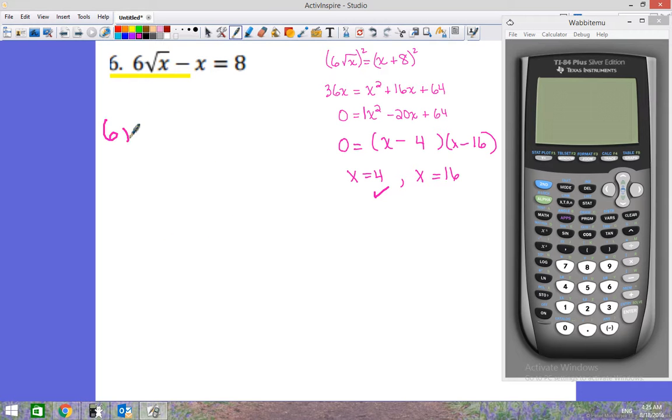We've got 6 times the square root of 16 minus 16. And the question is, will that evaluate to 8? So the square root of 16 is 4, we've got 24, and 24 minus 16 is positive 8, so that one checks as well.